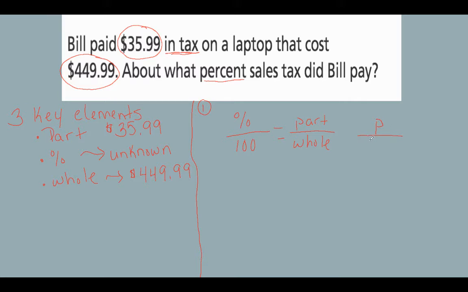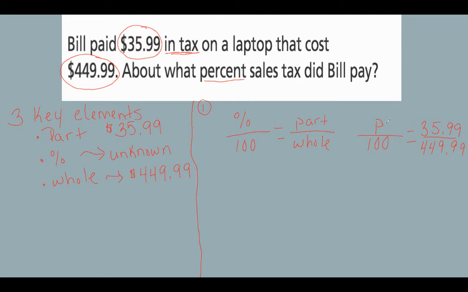Put that over 100, and make that equal to part over whole. Our part was $35.99 and our whole was $449.99.